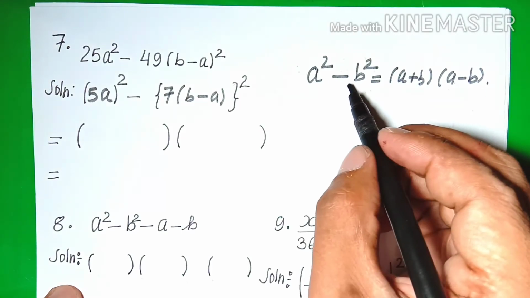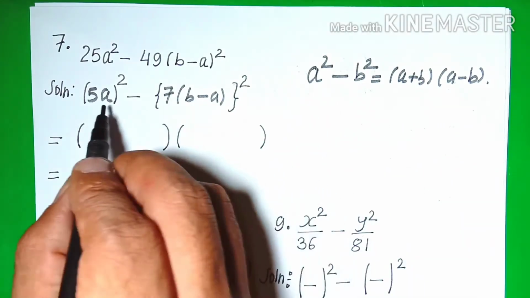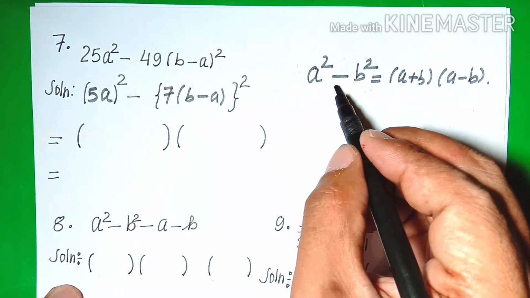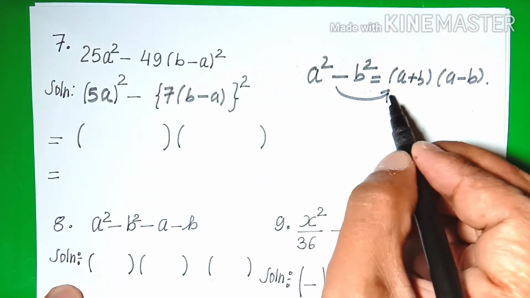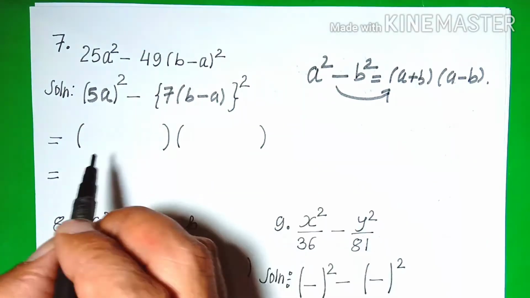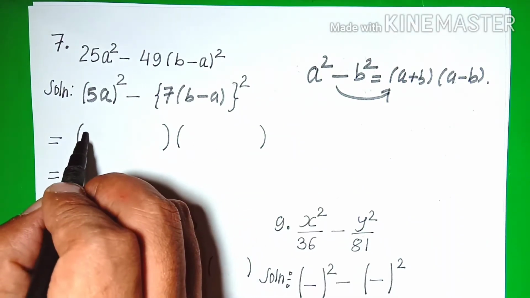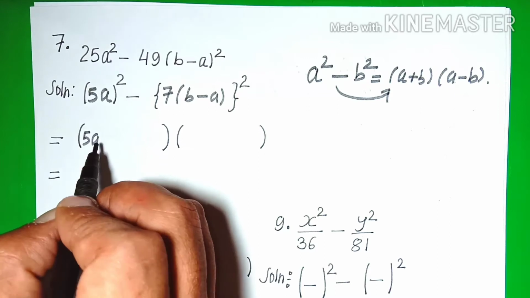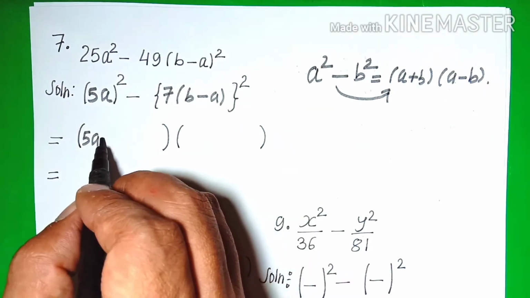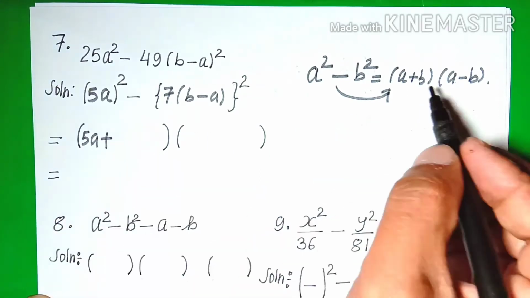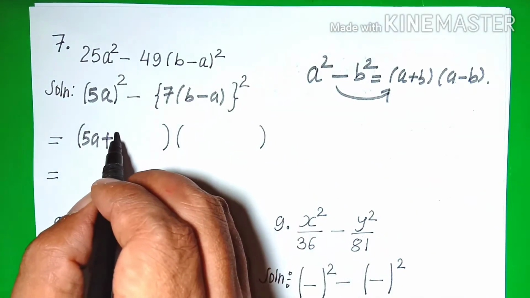Now taking this identity, since our terms are of the form a square minus b square, you can write in the form of a plus b, which means 5a is the value of a. After that, plus sign. The next one b, b means 7.